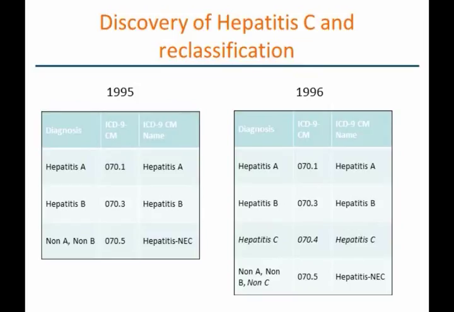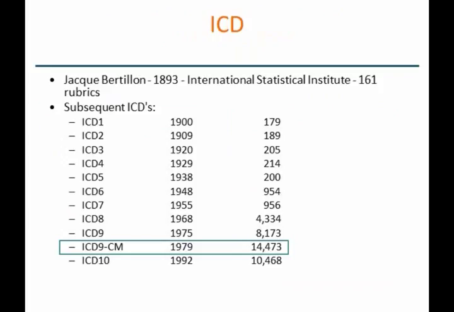So my only point here is that these are dynamic terminologies that are not static. The ICD terminologies are constantly growing, and that's exemplified, in fact, in this next slide, where you can see the history of ICD, starting with version 1 in 1900.